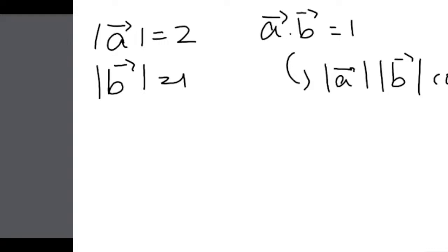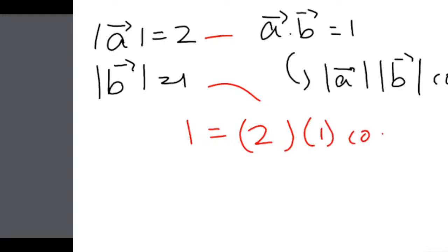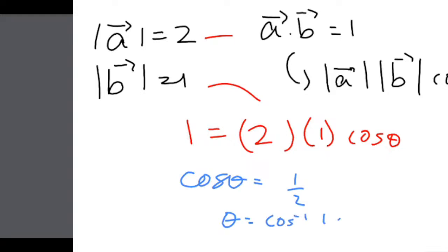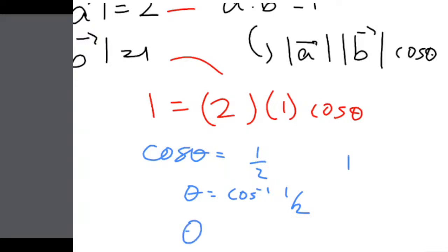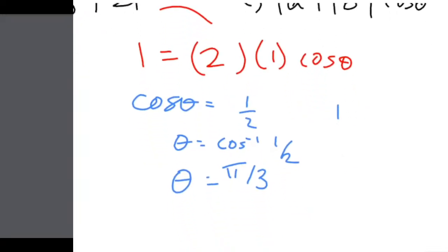So what can we write it as? 1 is equal to, so a vector is 2, so 2, and then b vector is 1 into cos theta. Okay, so we can find cos theta as 1 by 2, and theta is equal to cos inverse of 1 by 2. So what is cos inverse of 1 by 2? It is pi by 3. So theta is equal to pi by 3, right?